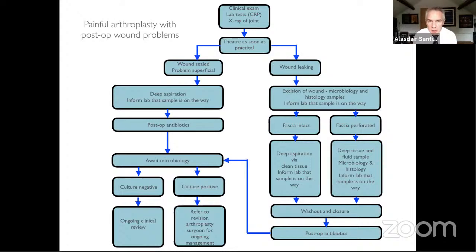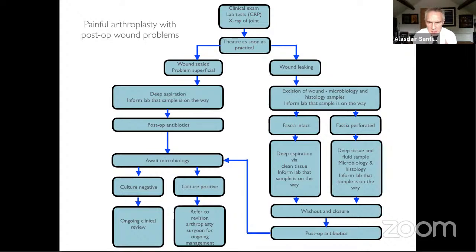Starting at the top, you would obviously examine the patient, take blood tests and x-rays. And in the acute person, we need to get them to the theatre as soon as possible. We've got one arm for when the wound is sealed and probably superficial, one arm on the right-hand side when you've got a leaking wound.